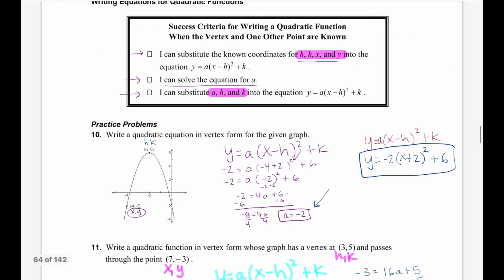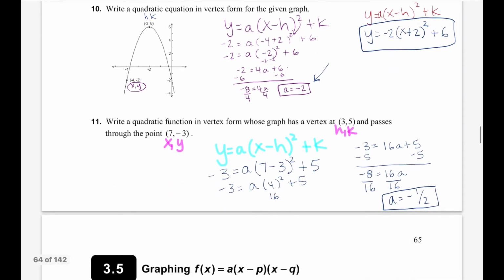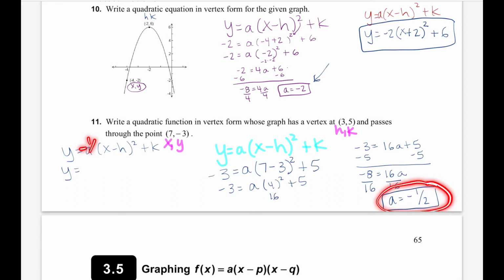So now I've solved for a. My last step is I'm going to substitute a, h, and k into the equation. So for my final answer, I have y equals a times (x minus h) squared plus k. So I'm going to keep my y. And for the a, I'm going to have my negative 1/2. I'm going to keep my x.